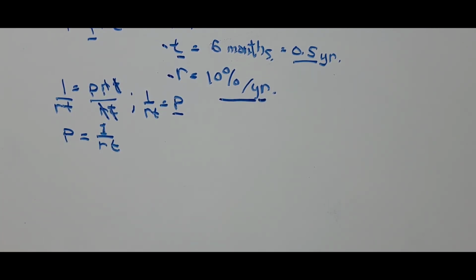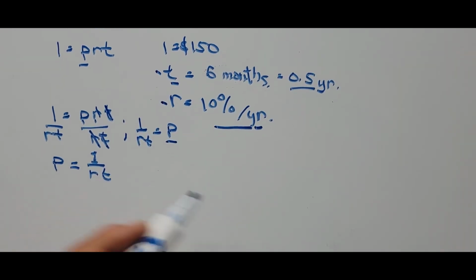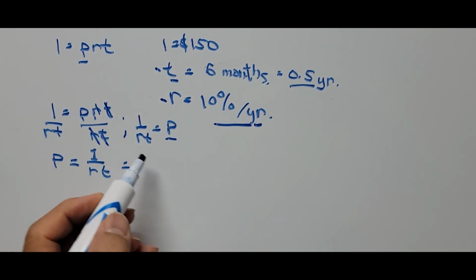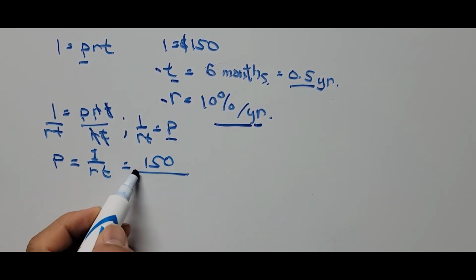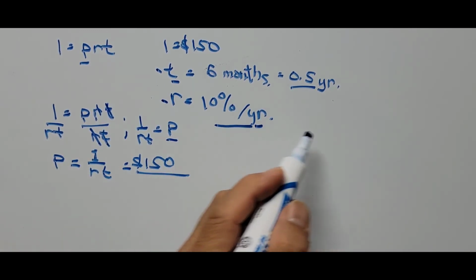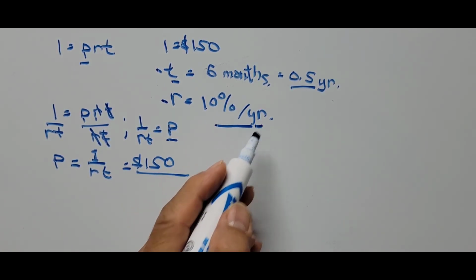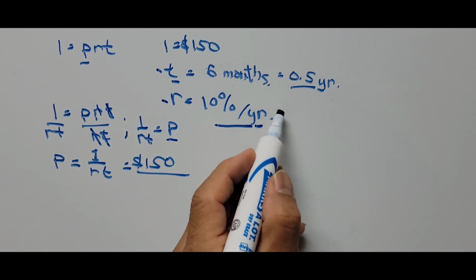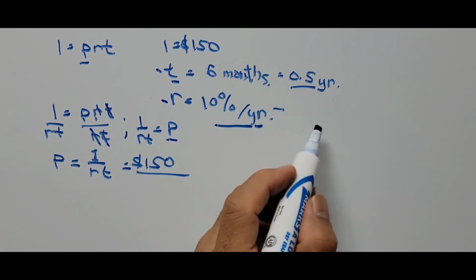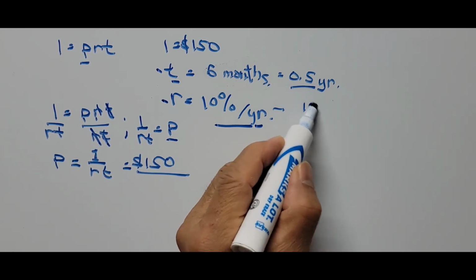Now we go back to our given, where I is the interest earned. So this is now 150 divided by, that's in terms of dollars, the rate, which is 10% per year. To convert 10%, what is that in terms of fraction or decimal? That is 10 over 100, right?